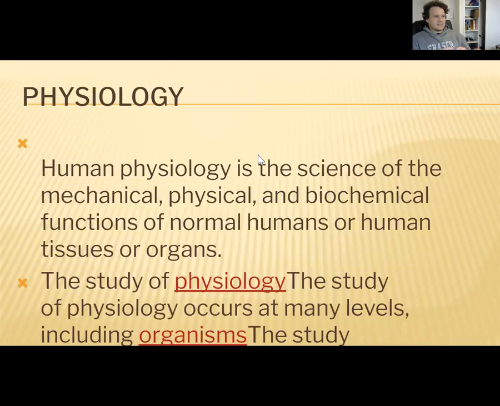Physiology studies how it all works, why it works, and then I'll take it one step further. We also have pathophysiology, which is the study of why the physiology doesn't work, and basically the study of diseases.